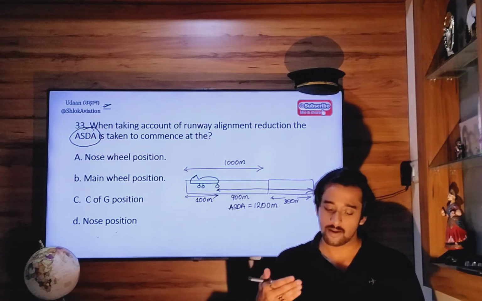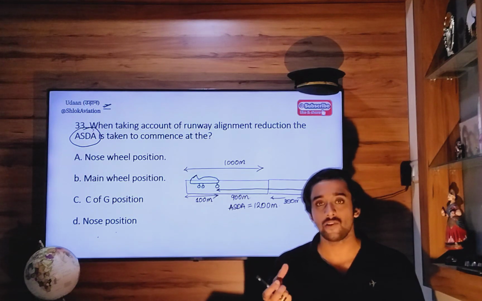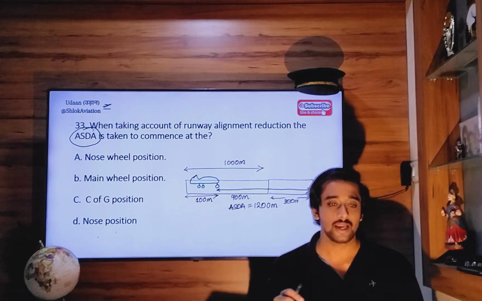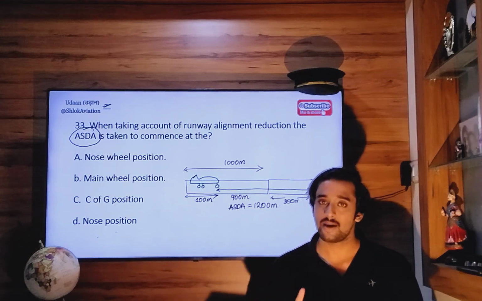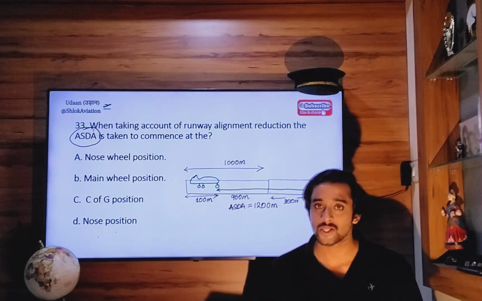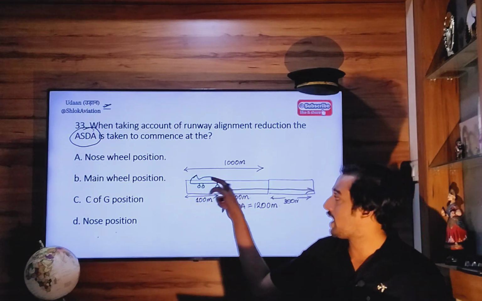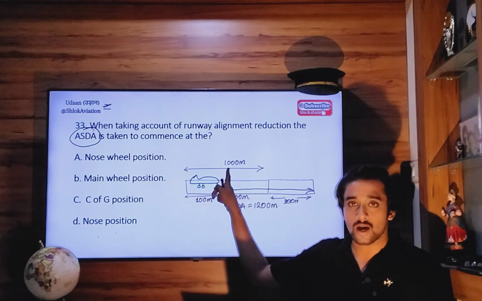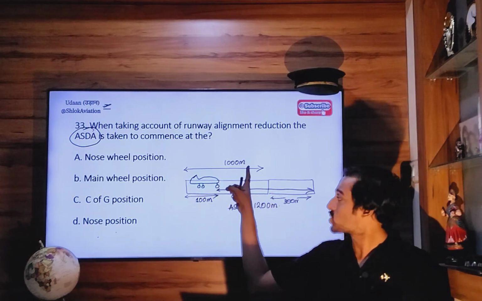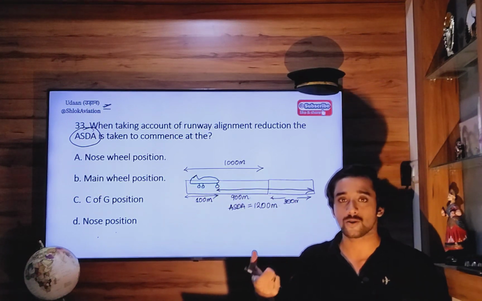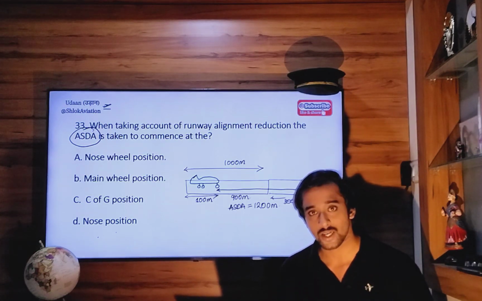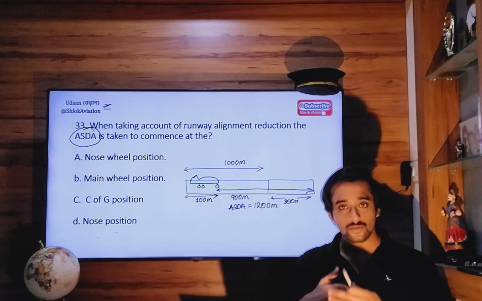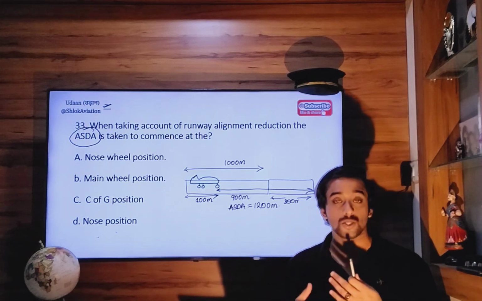Now, for exam purposes, they will not give you any runway alignment reduction factor. So just for exam purposes, if they ask you to calculate accelerate stop distance available, you will add the entire runway length of 1000 meter and this stopway. So 1000 plus 300 will be 1300. But when the concept of runway alignment reduction is introduced, you will be more specific.